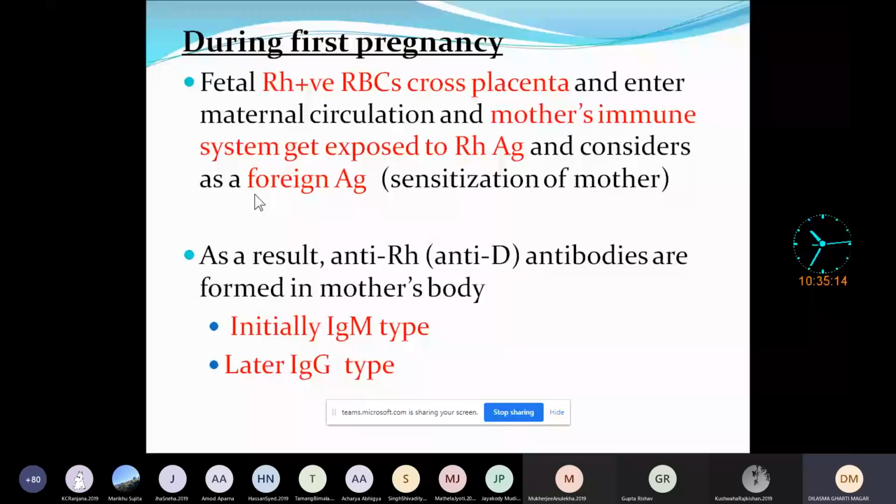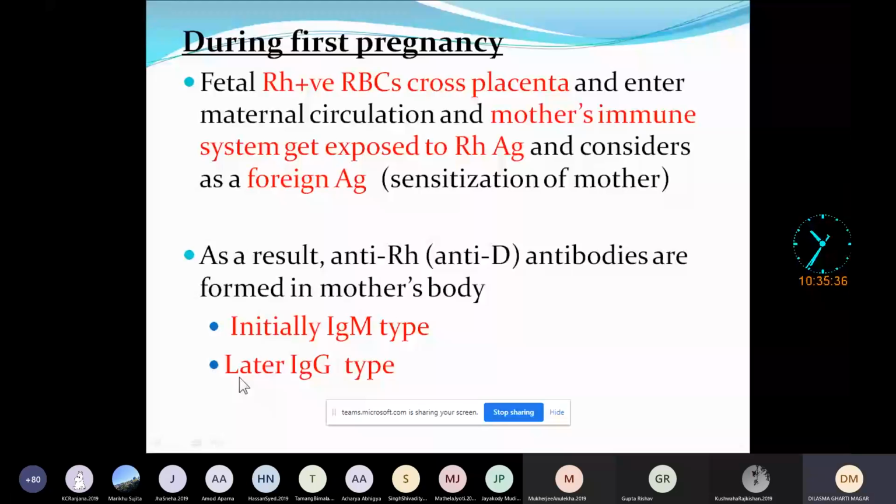So there will be sensitization of the mother's immune system, and as a result there is the formation of anti-Rh or anti-D antibodies in the mother's body. At first, during the initial phase, it will be of the immunoglobulin M type, and later on it will be of the immunoglobulin G type.